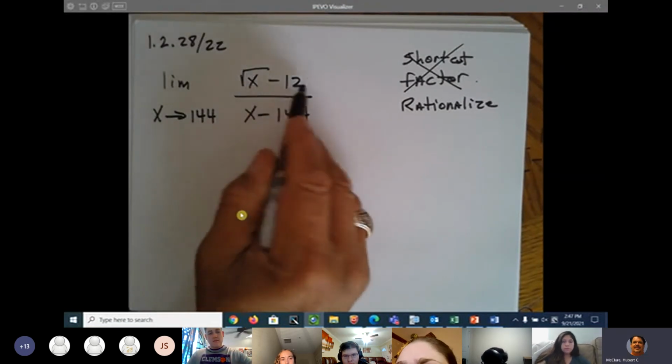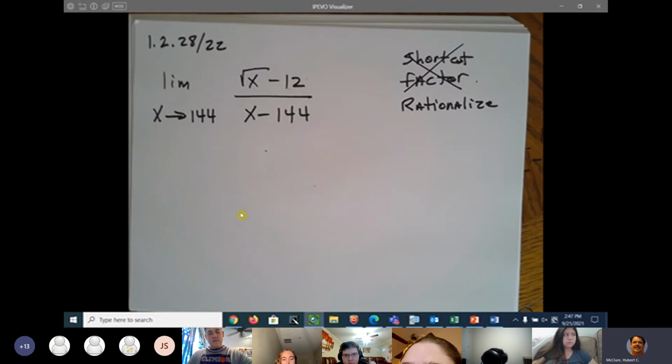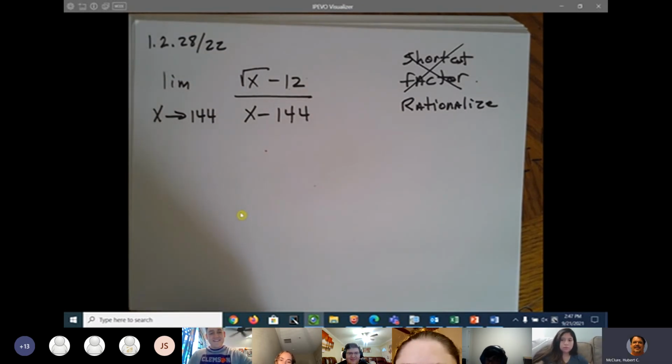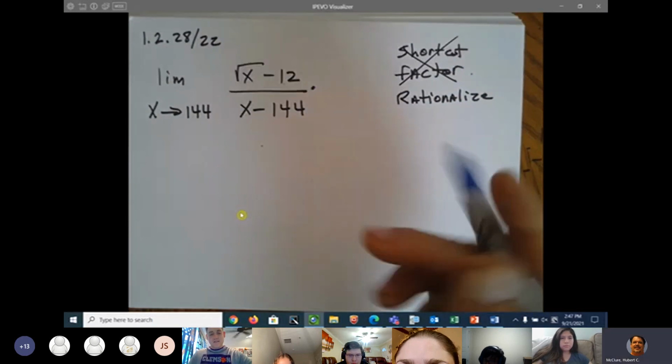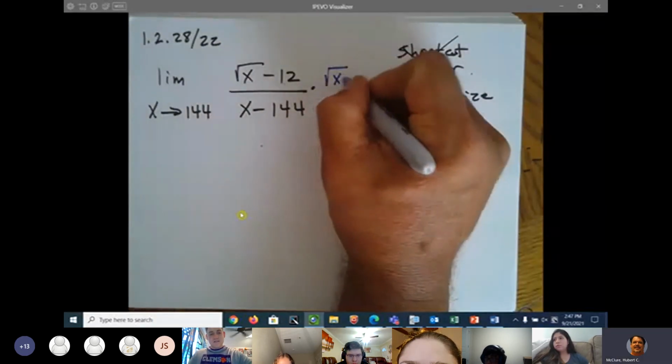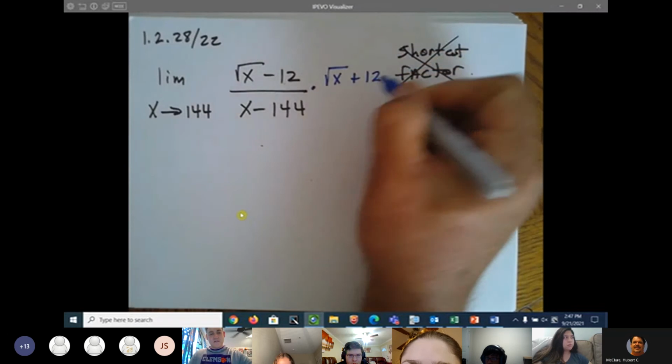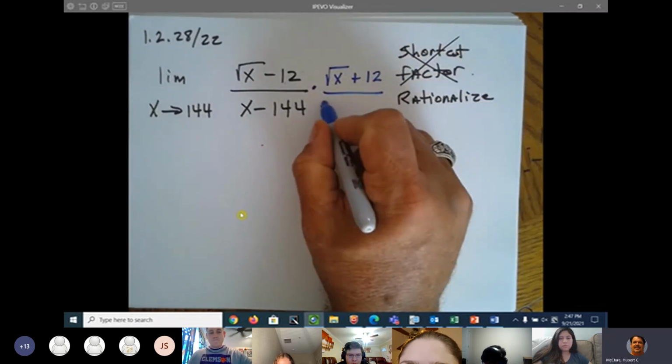In the top. So I'm going to multiply the top and the bottom by the conjugate of the square root of x minus 12. And that will be the square root of x, what? Plus 12, Hubert. That's right, class.